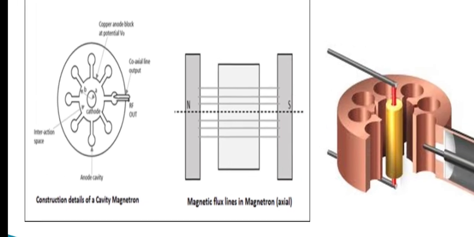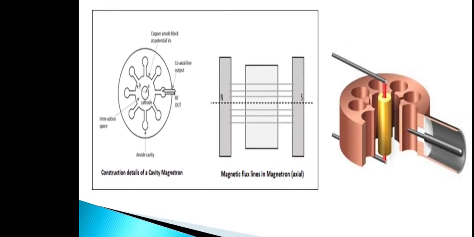So the cavity magnetron has 8 cavities that are tightly coupled to each other.